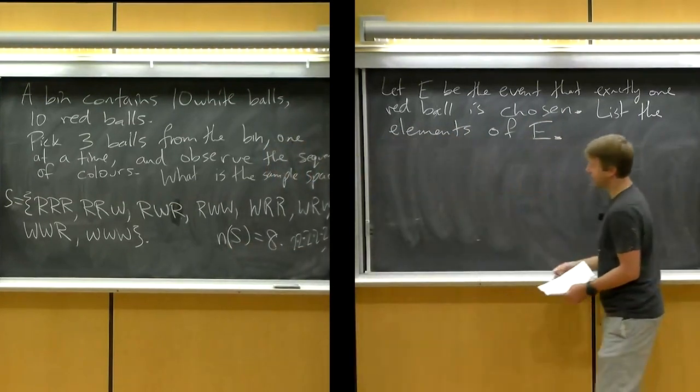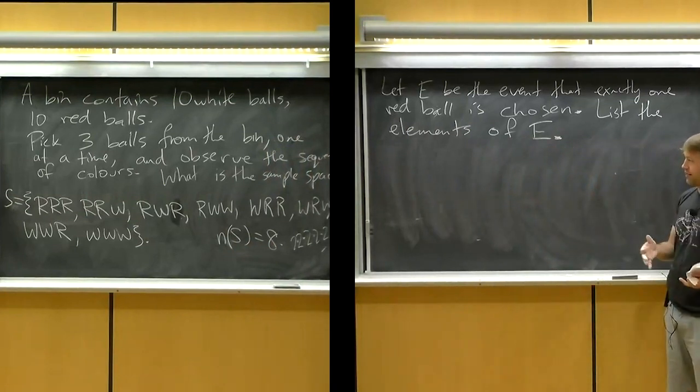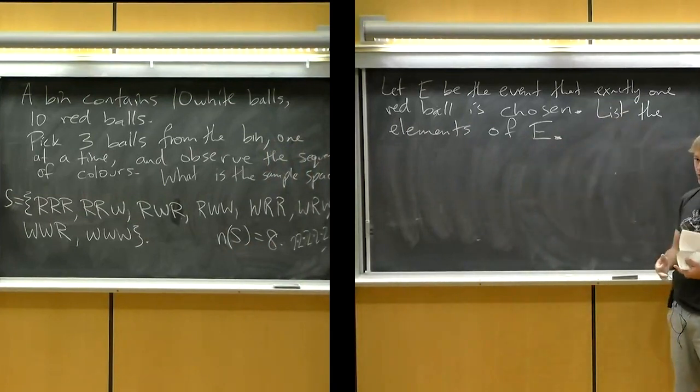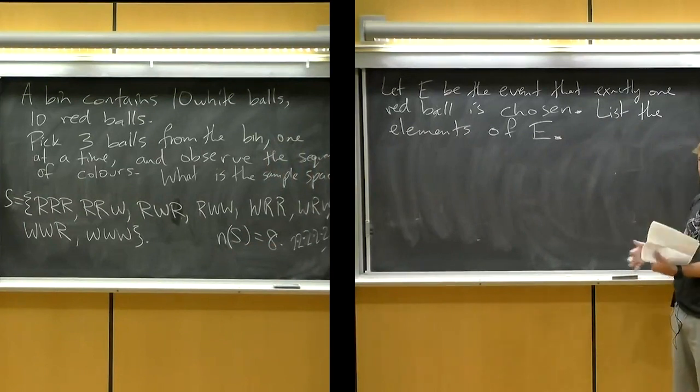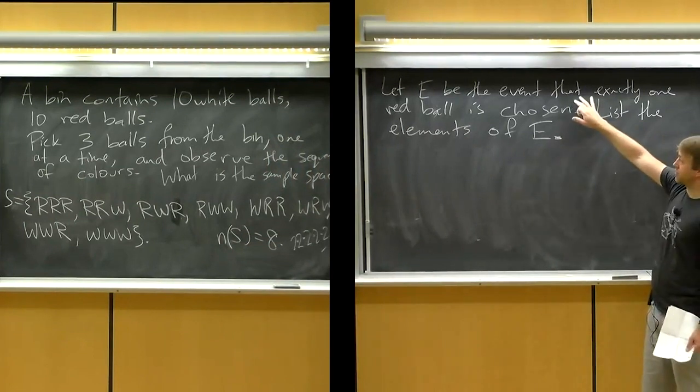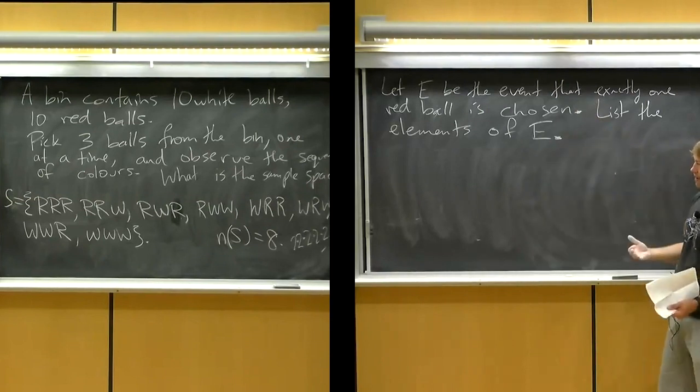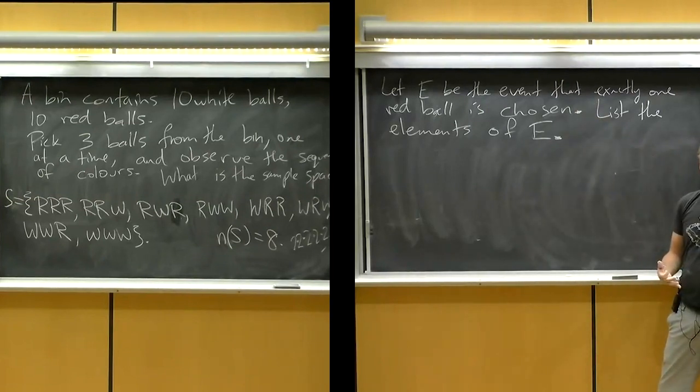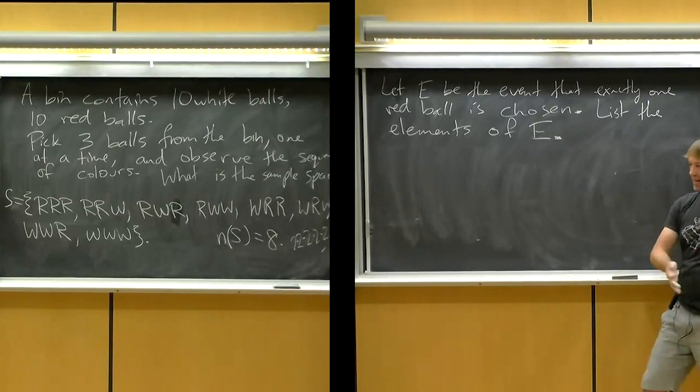So you need to be able to translate between writing events in words and writing them in set theory notation. That's what this is asking you to do. We've described the event in words: it's the event that exactly one red ball is chosen. Now you need to translate that into set theory.